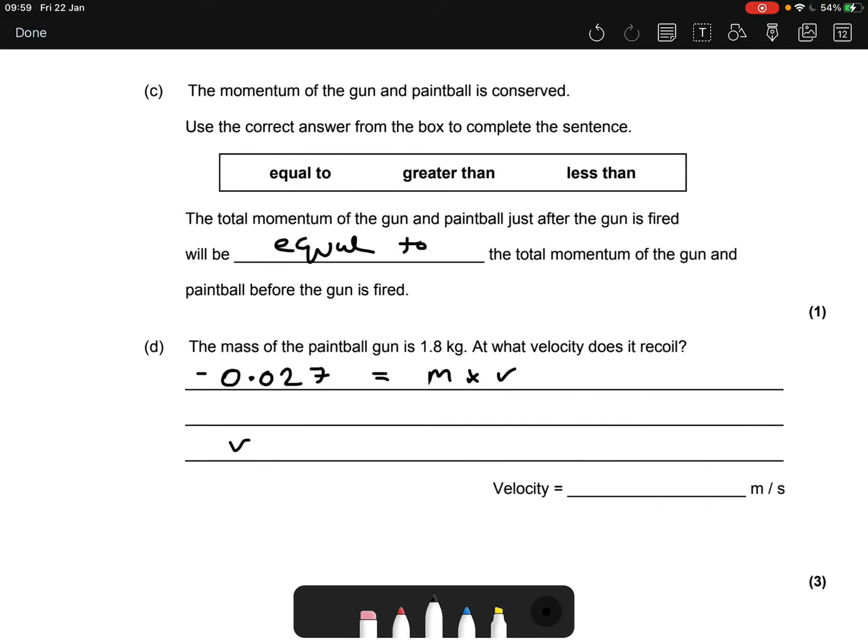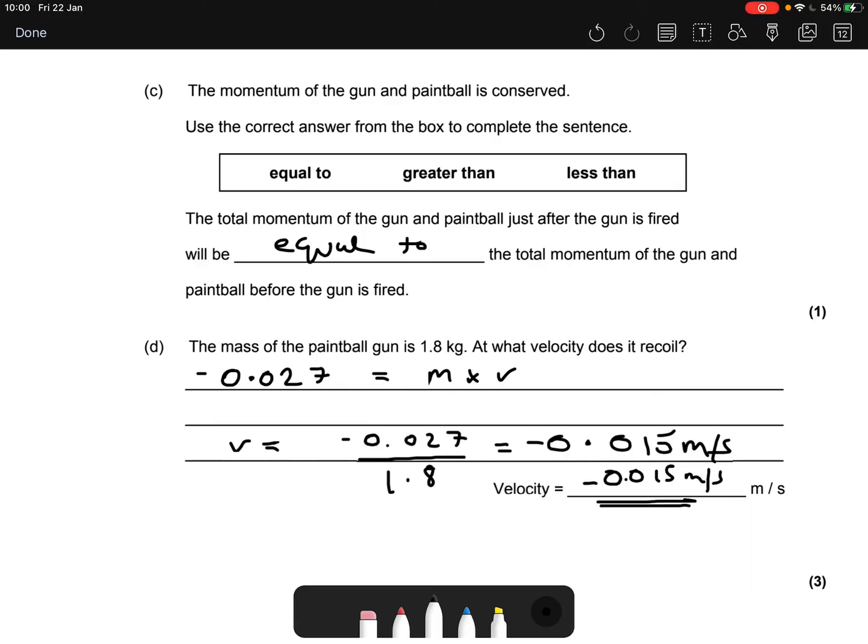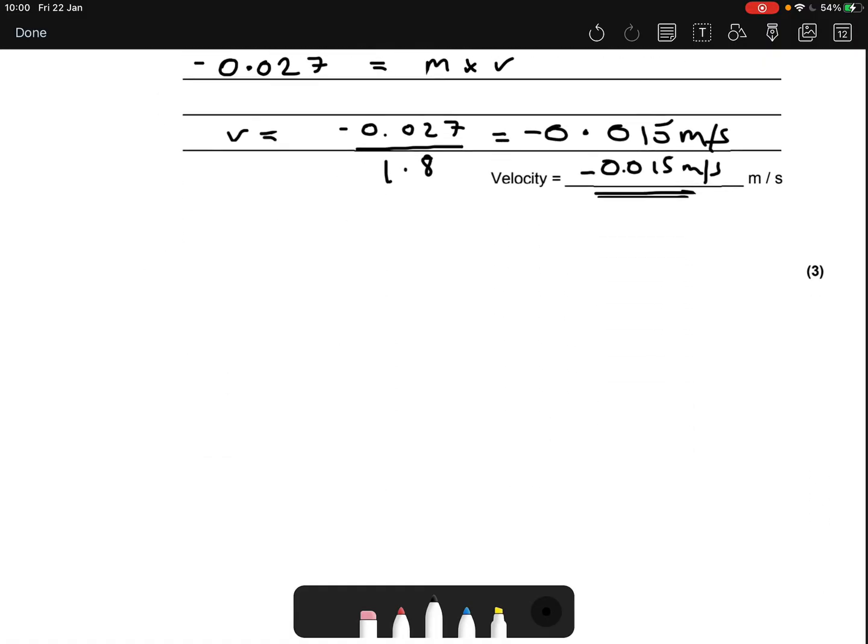So we've got velocity equals minus 0.027 over 1.8. So you've got 0.015 meters per second negative. So the negative just says it's going the other way to the paintball.